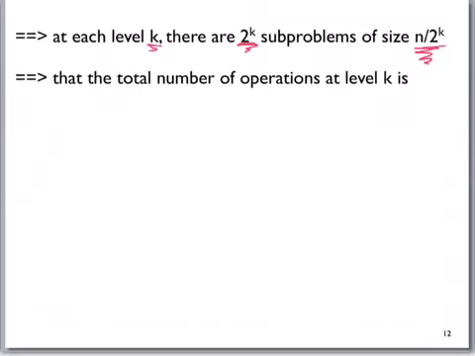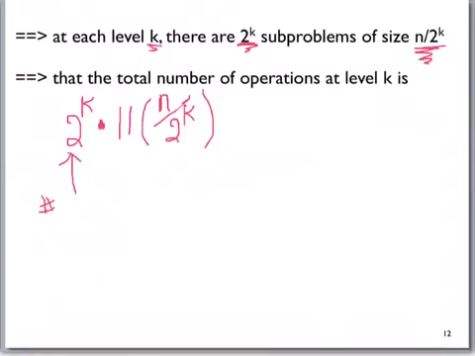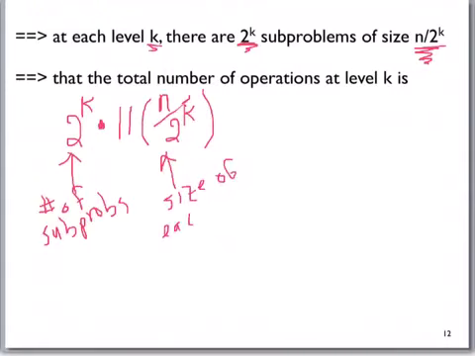And so the total number of operations at a particular level is 2 to the k times 11 times n over 2 to the k, where 2 to the k is the number of subproblems and n over 2 to the k is the size of each subproblem, and the 11, of course, is the relative number of operations for each execution of the subproblem.